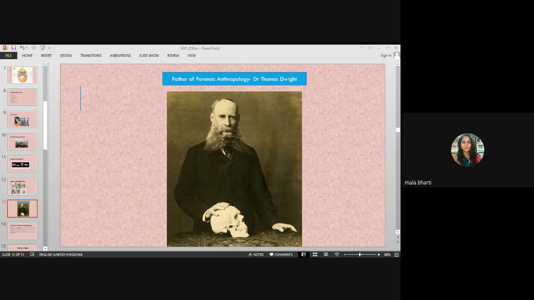Initially when cases came, those who had information and knowledge about anatomy were approached, and it was never termed forensic anthropology, right? One of the cases was the Lugard case, in which he was accused of killing his wife. He used a certain chemical to kill his wife in his factory.